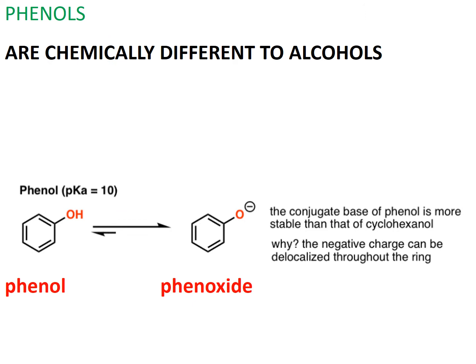Although phenol does not dissolve well in water, it does transfer protons onto water molecules quite well, consequently turning into a negatively charged phenoxide ion and making water slightly acidic.